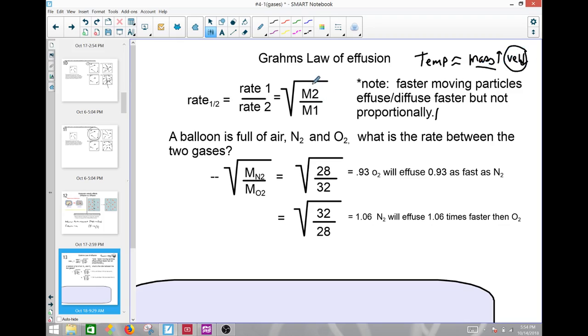M stands for molar mass. What we typically do for this is combine this fraction into a single number.